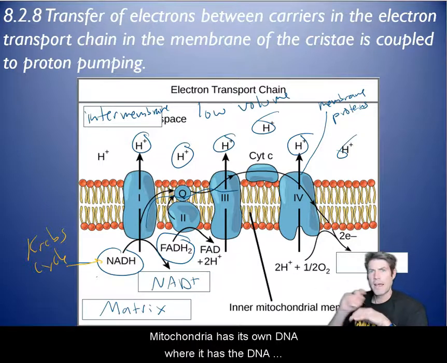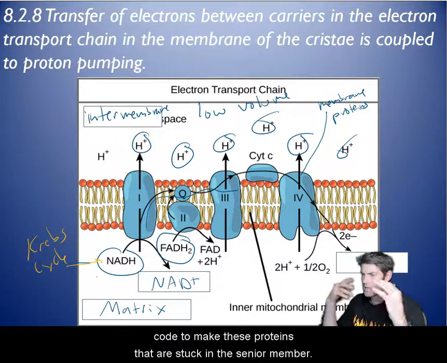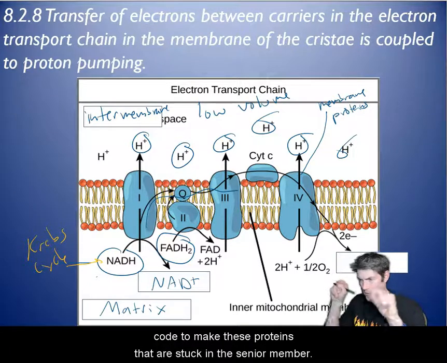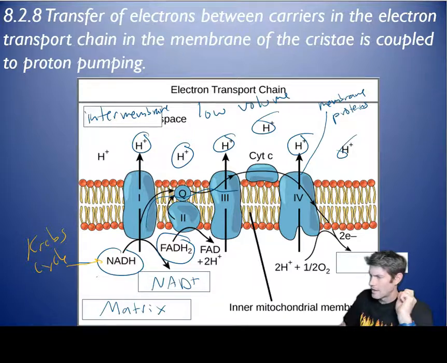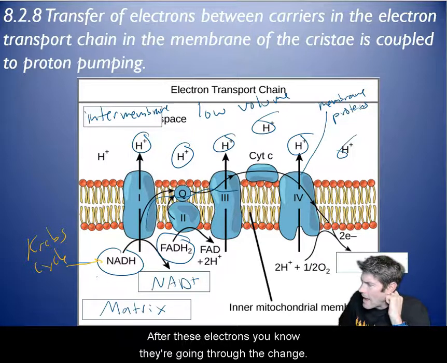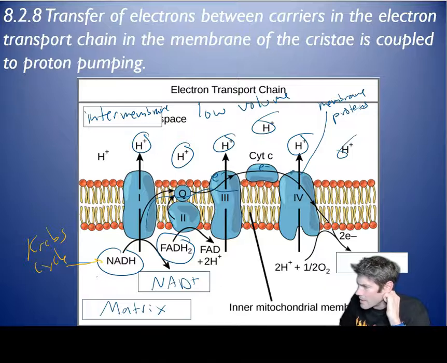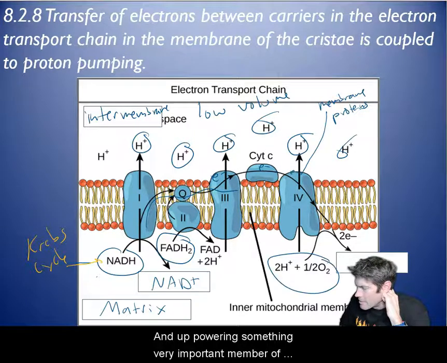The mitochondria has its own DNA, where it has the DNA code to make these proteins that are stuck in this inner membrane. And after these electrons are going through the chain, they end up powering something very important.